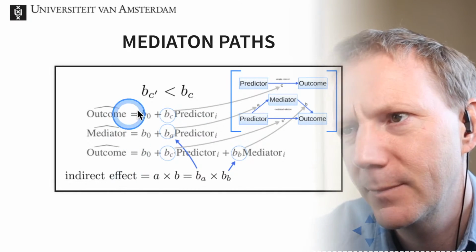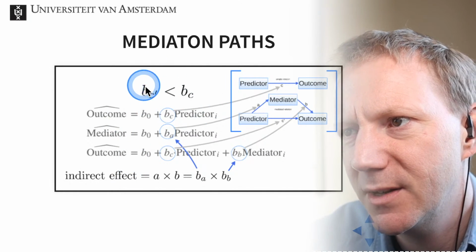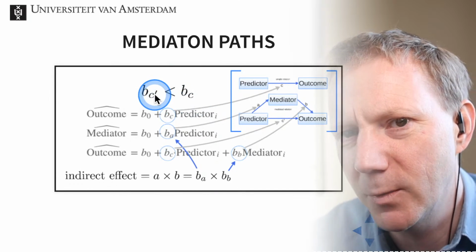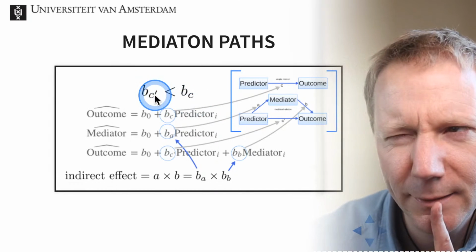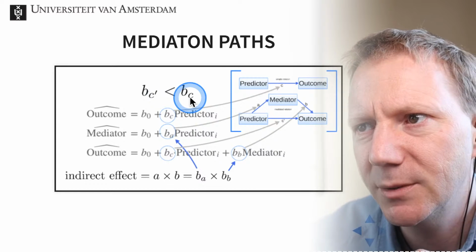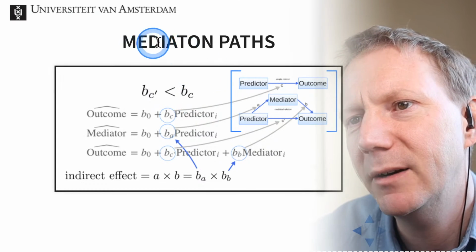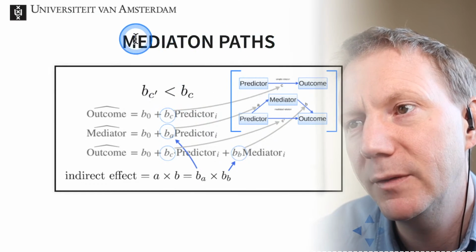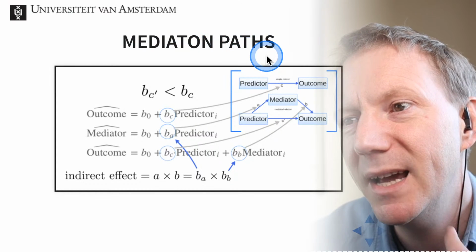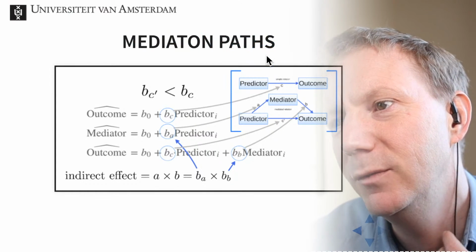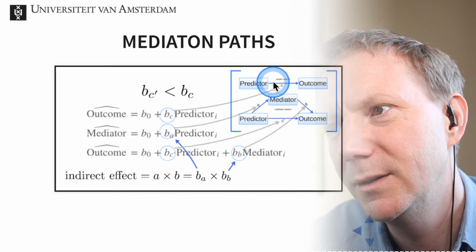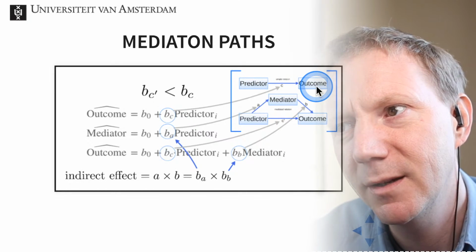If you look at this thing above here, it determines essentially if there is a mediation path, if the mediator actually is influencing the initial relation, right?